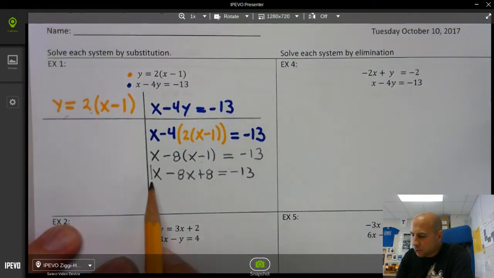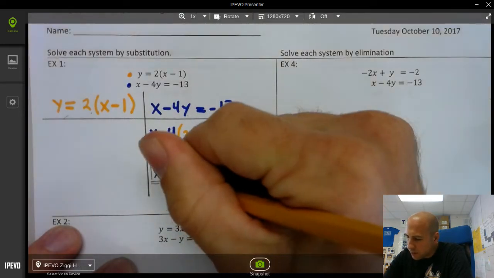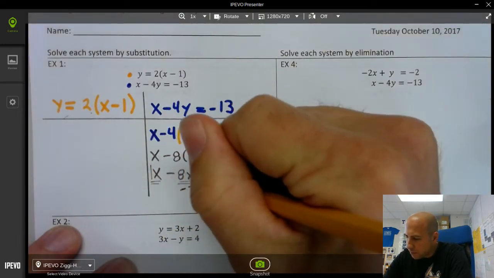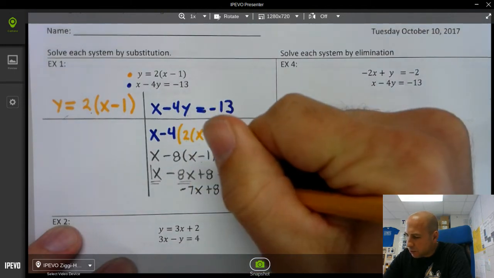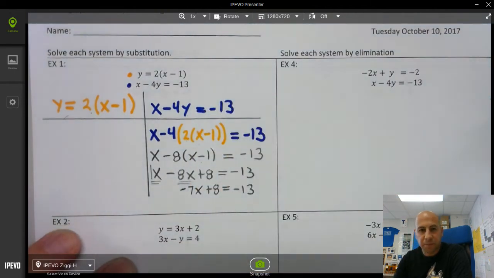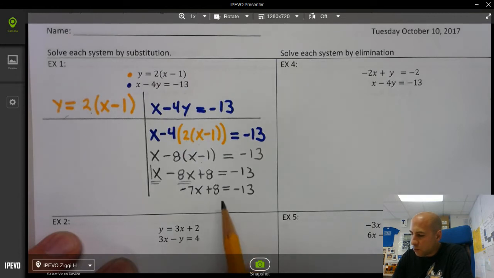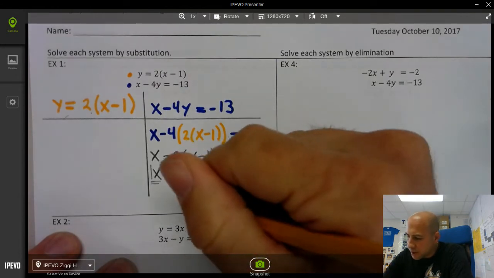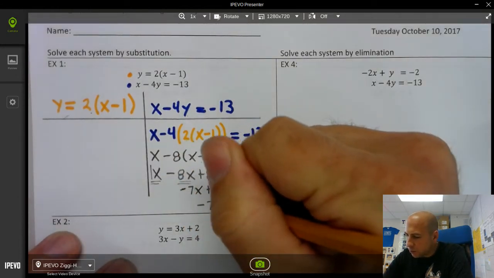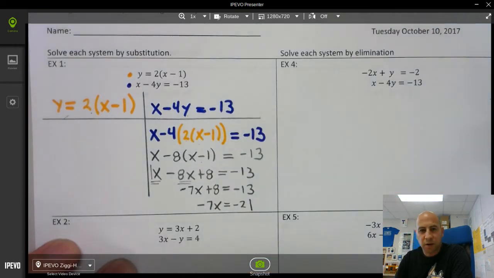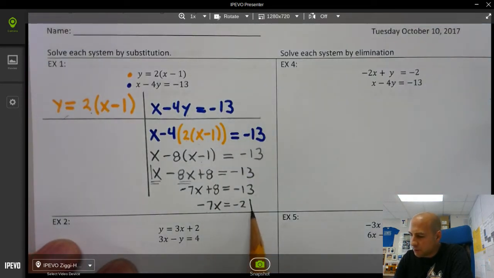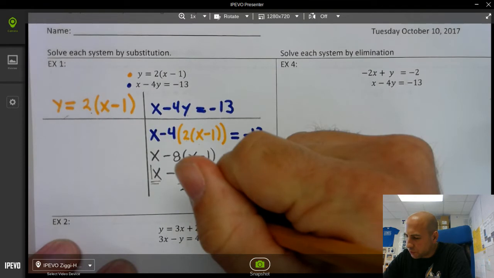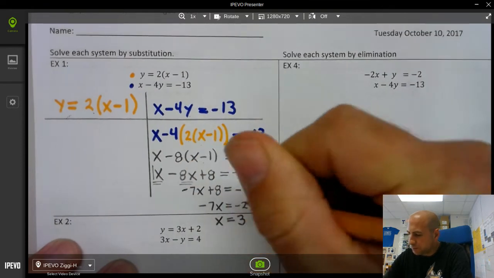Now we combine like terms, the x and the negative 8x becomes negative 7x plus 8 equals negative 13. Now we're subtracting 8 from both sides. You get negative 7x equals negative 21. Then we divide both sides by negative 7, and you get x equals 3.